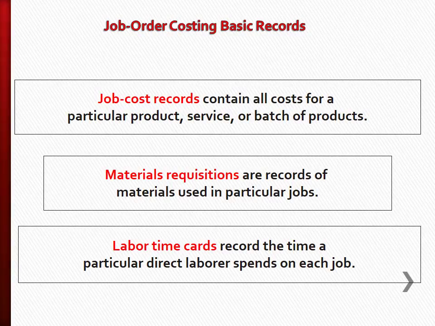Job cost records contain all costs for a particular product, service, or batch of products. So at Wheeled Coaches, a job cost record would have all of the cost, direct materials, direct labor, an allocation of indirect cost associated with each job, each wheeled coach.